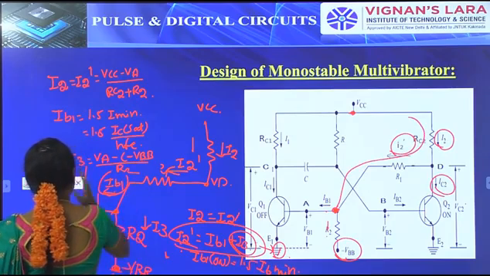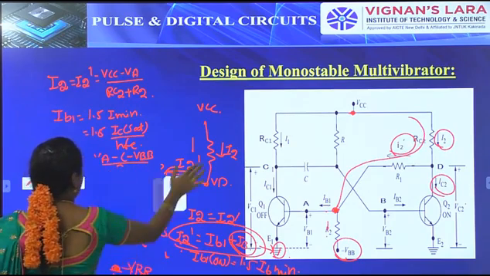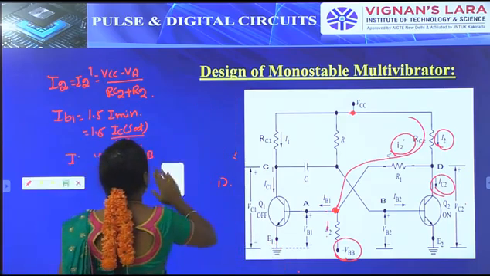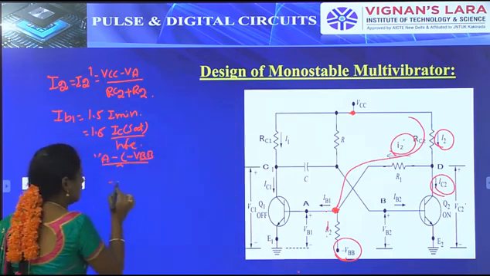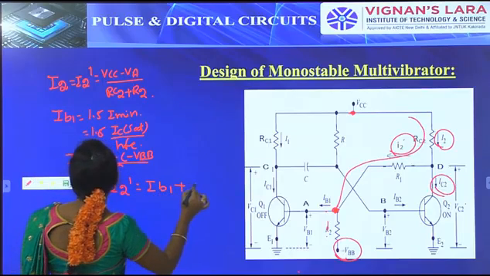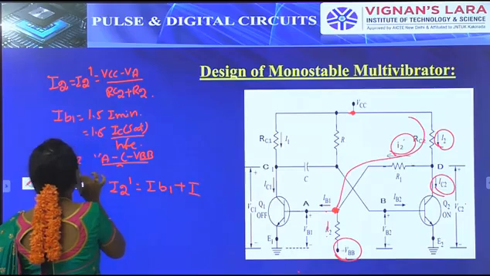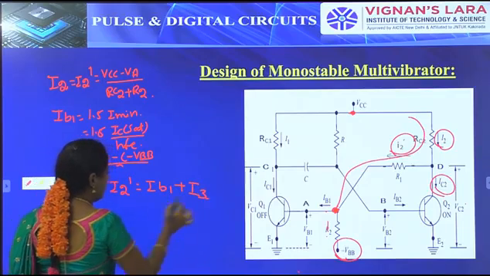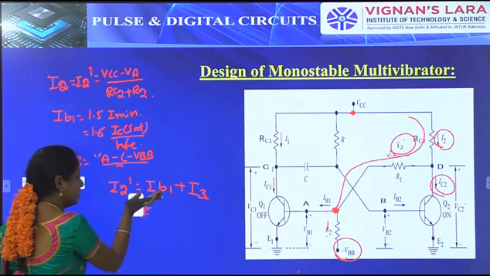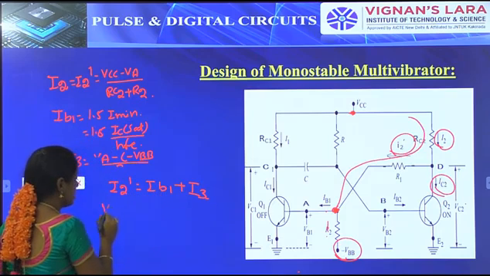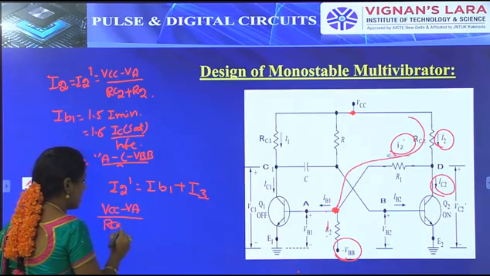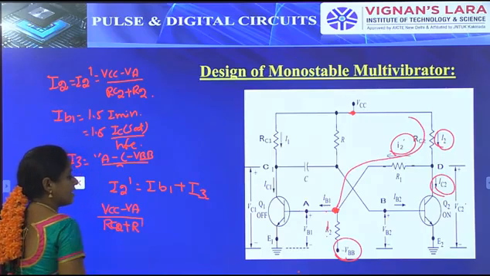So just substitute these values in equation number 1 and check the condition. Equation number 1 becomes I2 dash is equal to IB1 plus I3. IB1 is 1.5 IC sat by HFE, and I2 dash is equal to VCC minus VA by RC2 plus R2, which we take as R dash.